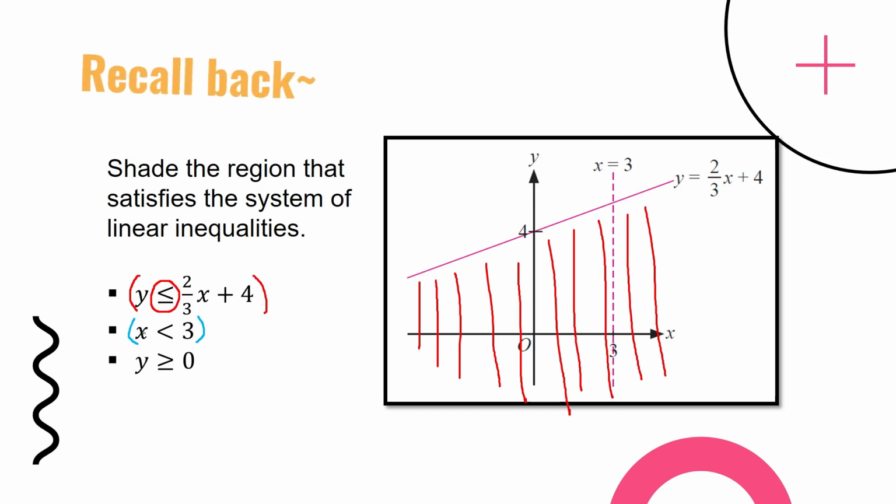If we convert it into an equation, it will be x equal to 3. Then from the linear inequality, we check the inequality symbol. It is lower than. So it must be on the left side.